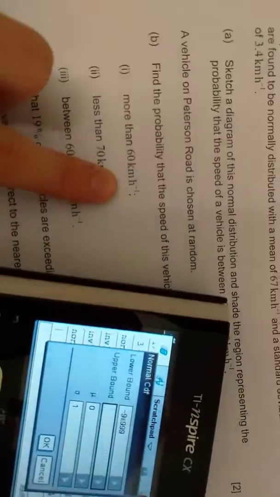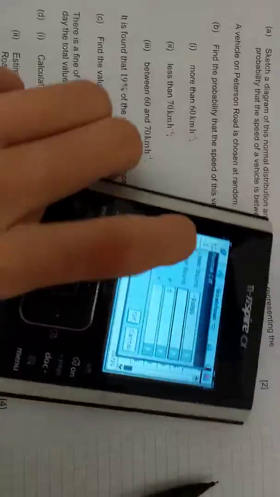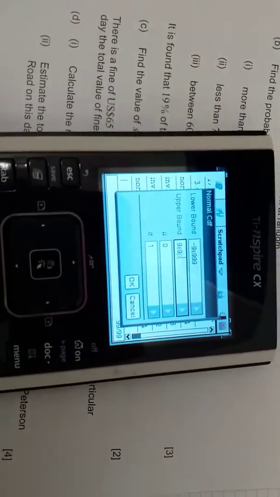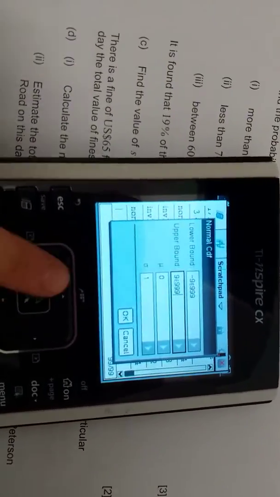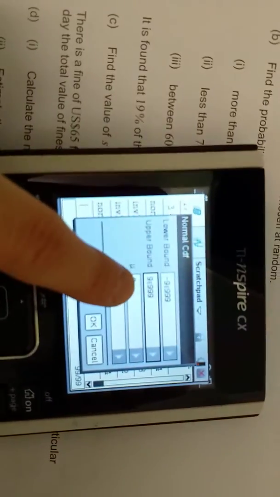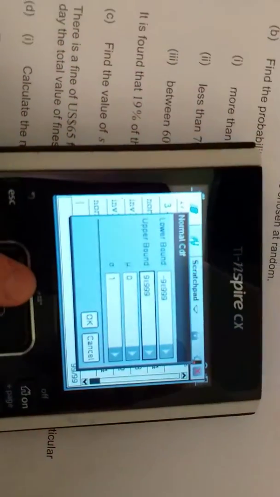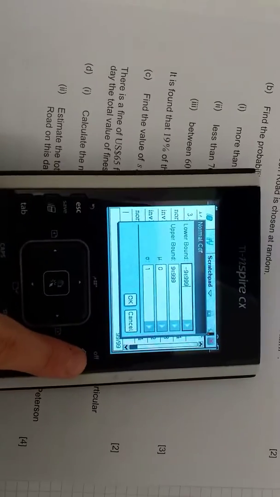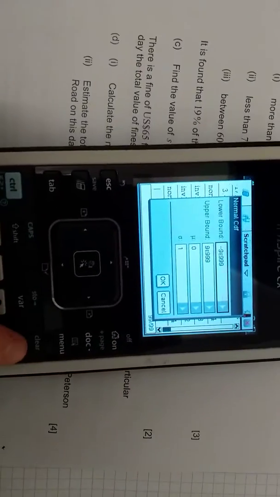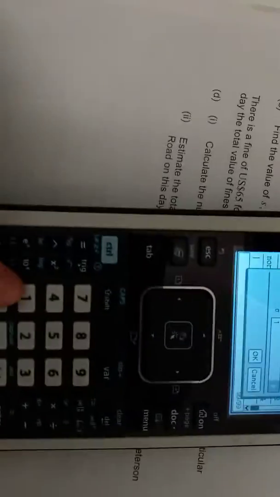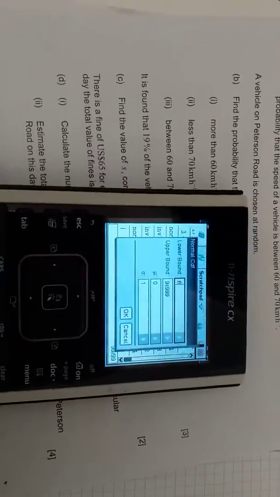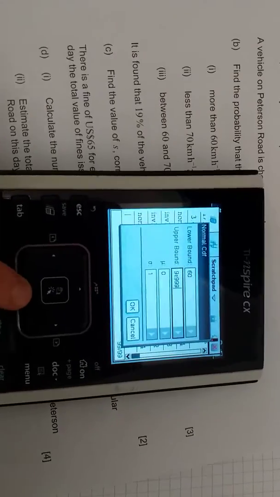See, more than 60 kilometers per hour. So that is why the upper bound will be 9 to the power of 10, 9. This is the scientific notation of, well, let's say infinity. Then we delete this part and write 60 kilometers.